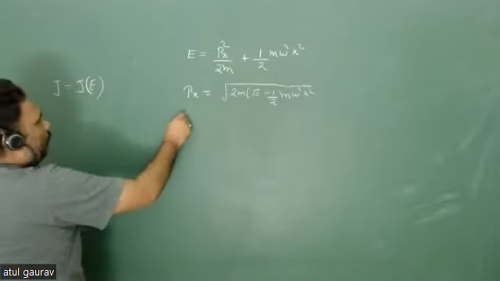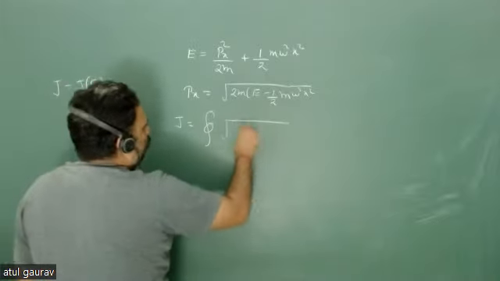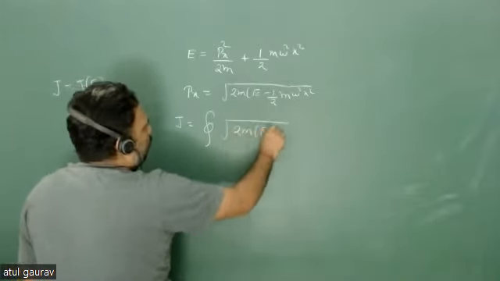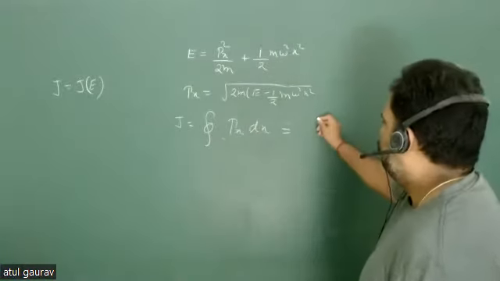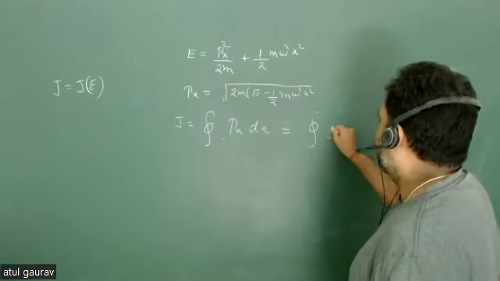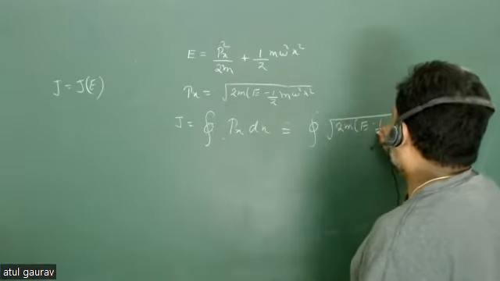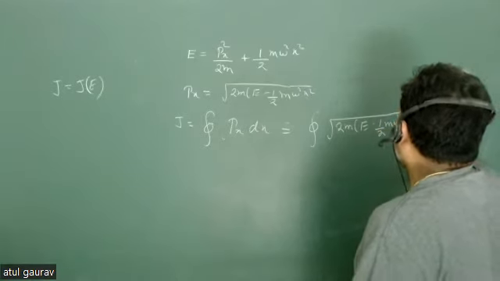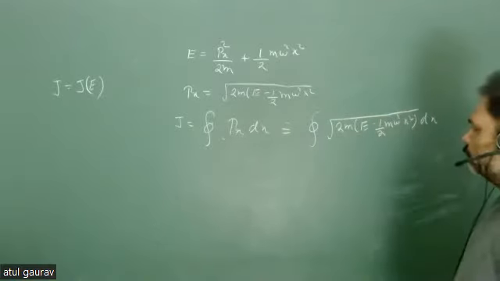So we can calculate the J value, and this J value is equal to the closed curve integral of px dx, which is root under 2mE minus half m omega square x square dx, isn't it? So this is my J value.